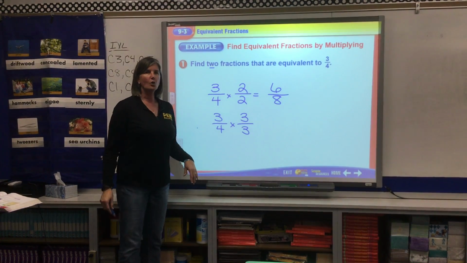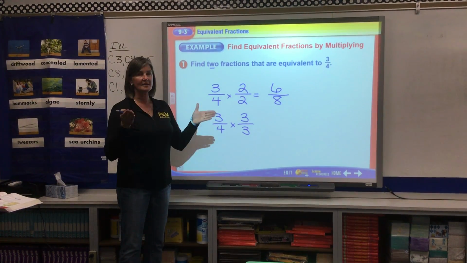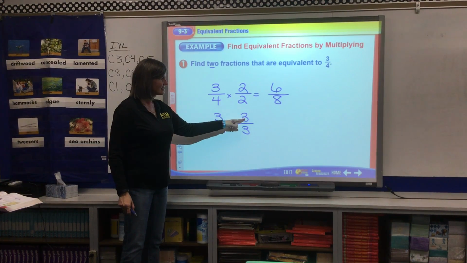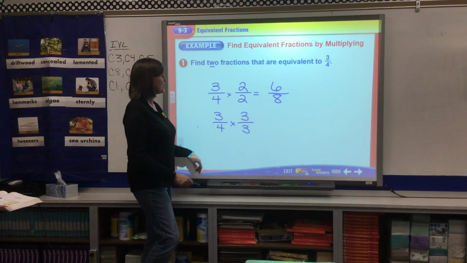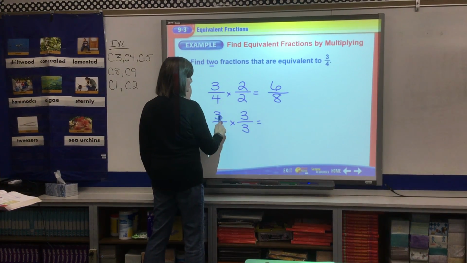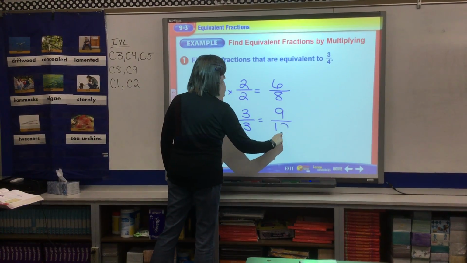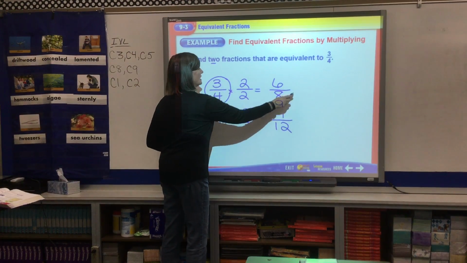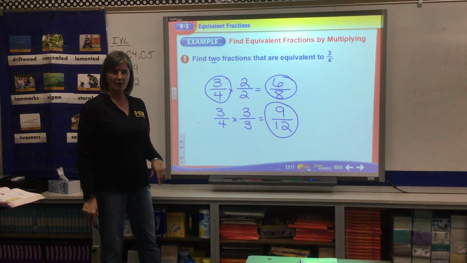Honestly, it doesn't matter what you choose to multiply those numbers by, as long as it is the same number over the same number. Now again, I multiply my numerators. 3 times 3 equals 9, and 4 times 3 equals 12. So not only is 3/4 equivalent to 6/8, it is also equivalent to 9/12.